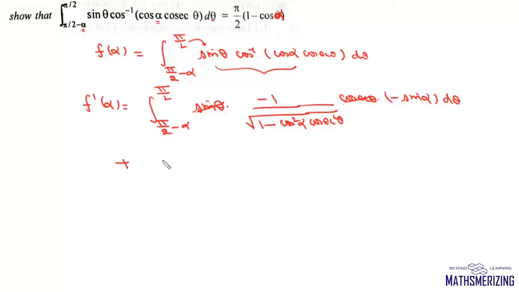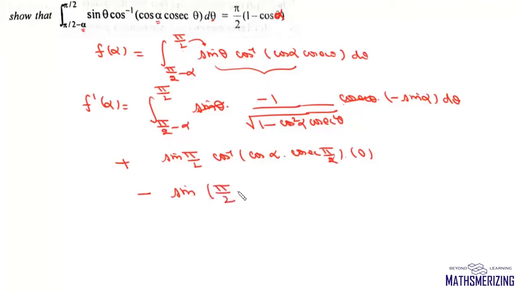So here it will be sin pi by 2 cos inverse cos alpha into cosec pi by 2 into derivative of upper limit, and derivative of upper limit is 0 since this upper limit is constant, and then minus sin of pi by 2 minus alpha, cos inverse cos alpha and cosec of pi by 2 minus alpha, into derivative of lower limit, and derivative of lower limit will be simply minus 1.